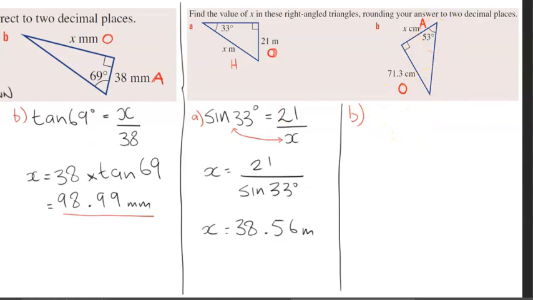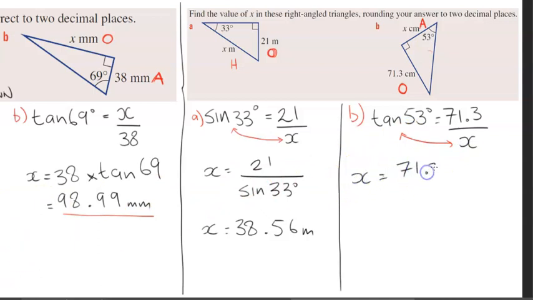So O and A, at this point, hopefully you should know, this is the tan, and the tan of 53 degrees is equal to opposite over adjacent, or 71.3 over our unknown. Again, we just swap if the unknown is on the bottom. So our x is equal to 71.3 over tan 53 degrees.